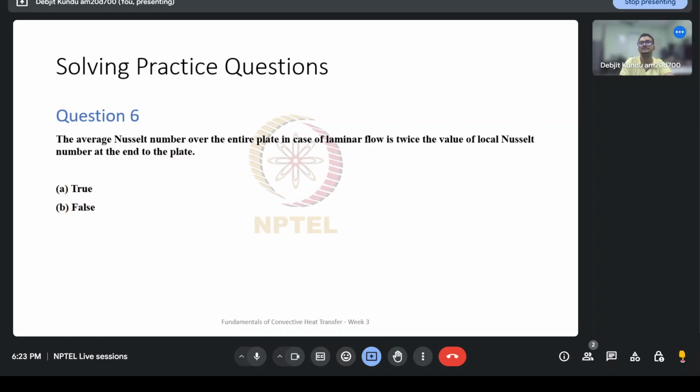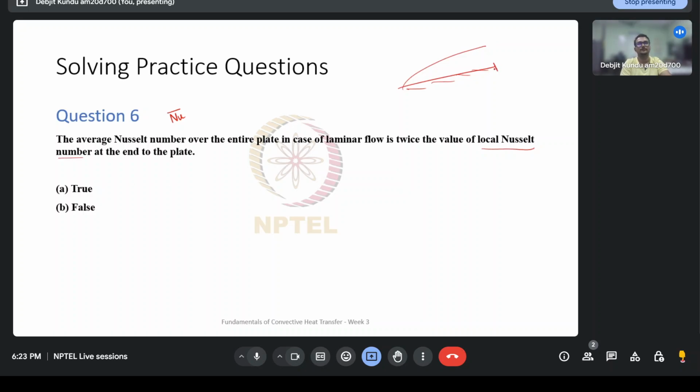Moving on. This is again a true or false type of question, where the statement is that the average Nusselt number, which is sometimes represented by Nu bar, over the entire plate in case of a laminar flow. So there is a flat plate and there is a laminar boundary layer. And we are saying that the average Nusselt number over the entire plate in case of laminar flow is twice the value of the local Nusselt number at the end of the plate.